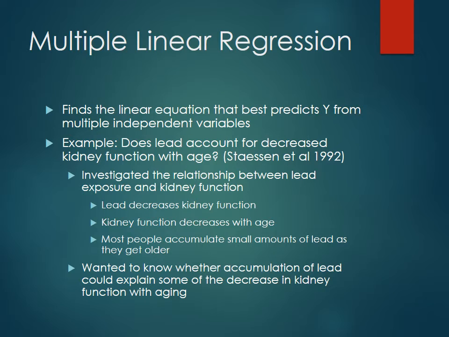They also knew that kidney function decreases with age, and that most people accumulate small amounts of lead as they get older, just due to natural exposure to the metal. So they wanted to know whether this accumulation of lead could explain some of the decrease in kidney function that you see along with aging. Perhaps it's just aging causing the decline, or is the accumulation of lead having an impact as well?